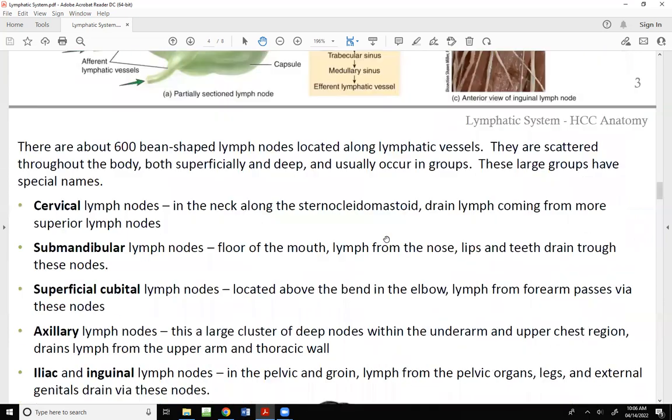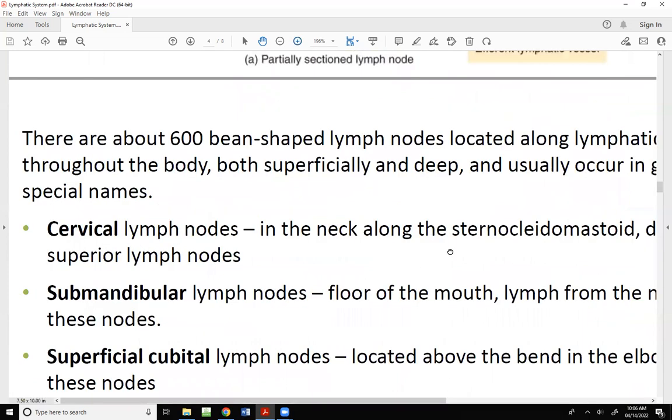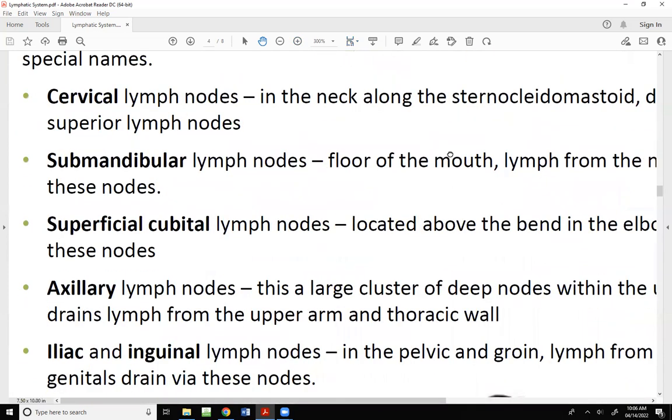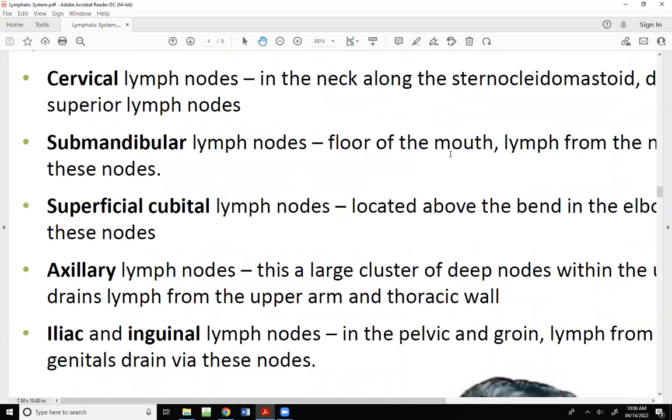All right, let's talk about the groupings of lymph nodes, which get special names. There are more than what's listed here, but I've included some of the most prominent groupings.